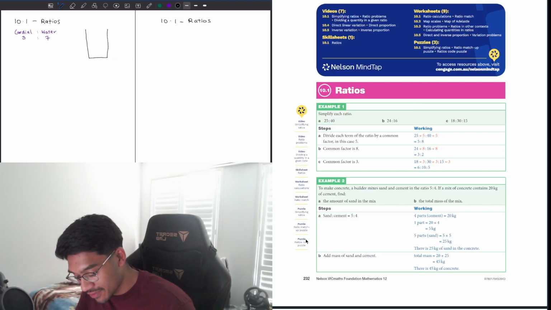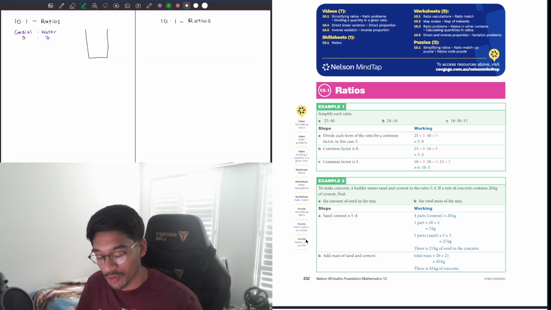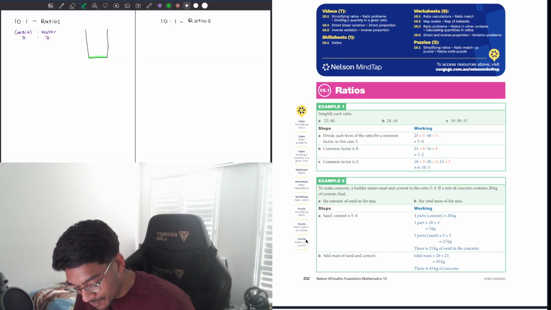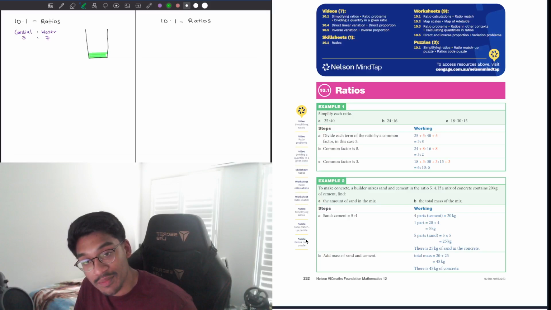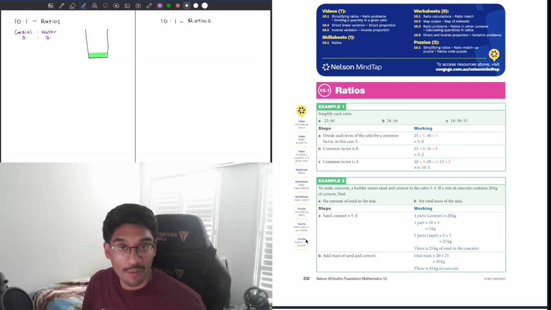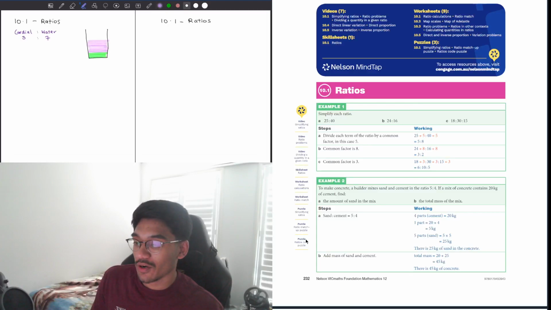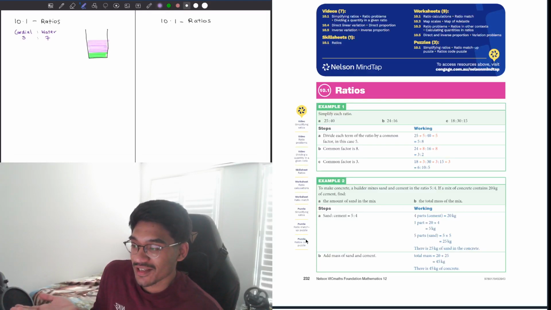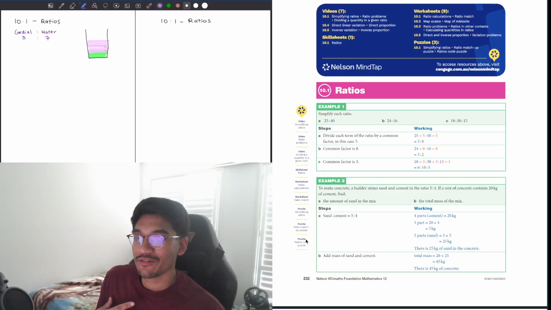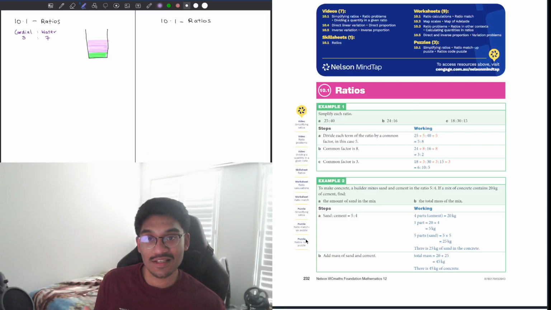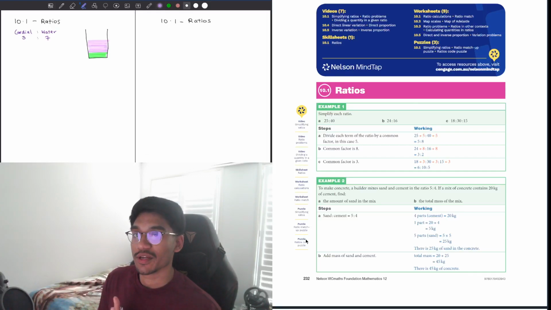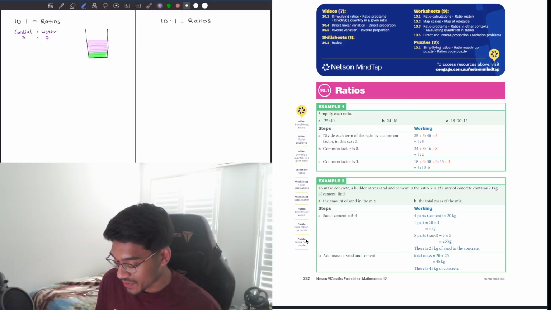If we have 3 parts of cordial, I'll do cordial with green: 1, 2, 3 cups. And then if I have 7 cups of water, I'll put 1, 2, 3, 4, 5, 6, 7 cups of water. That's basically what ratios are: a way of mixing stuff in even parts, so we get the same mixture over and over again.